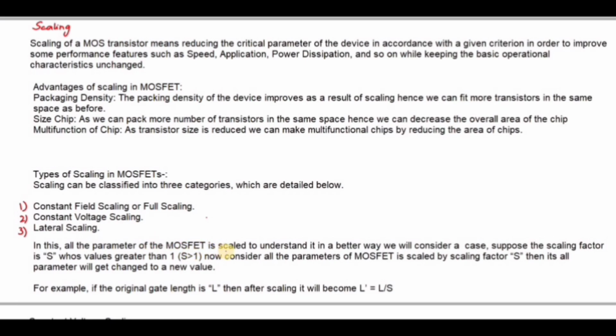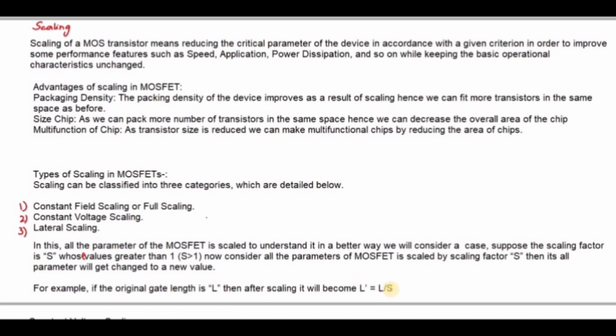In this, all the parameters of the MOSFET are scaled down. To understand it in a better way, we will consider a case. Suppose the scaling factor is S, and the S value should be greater than 1.